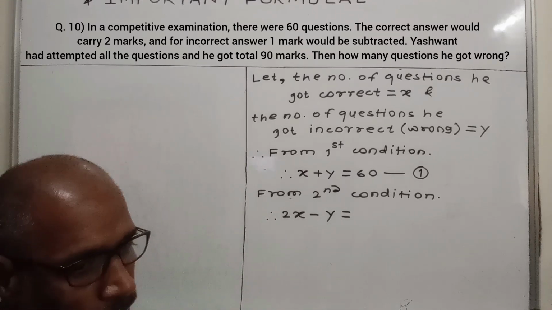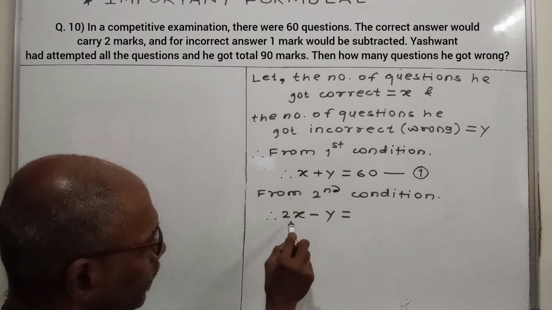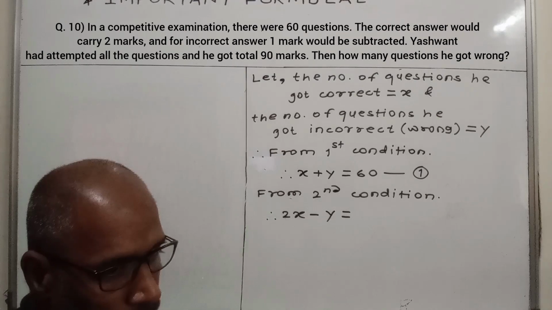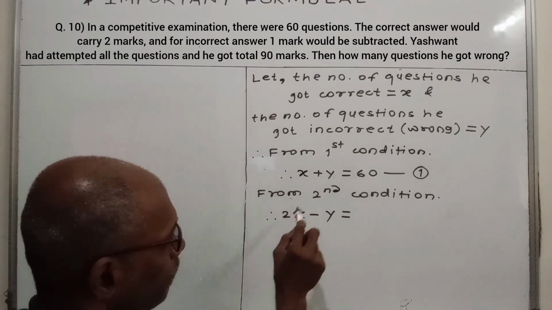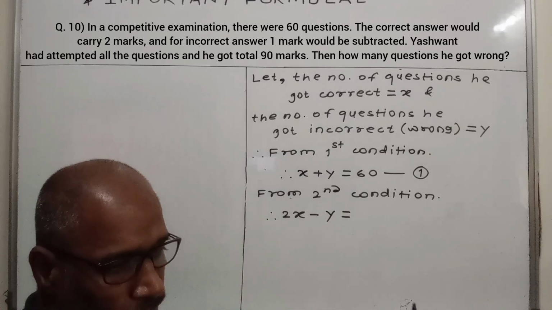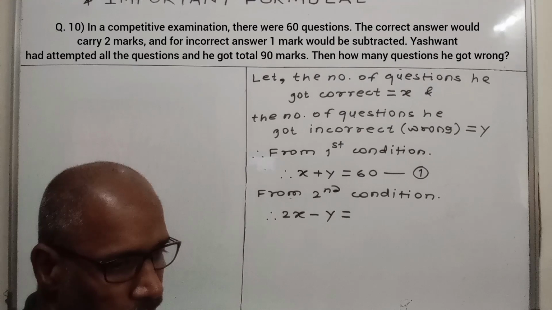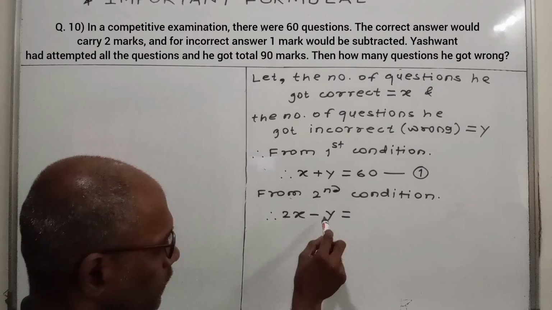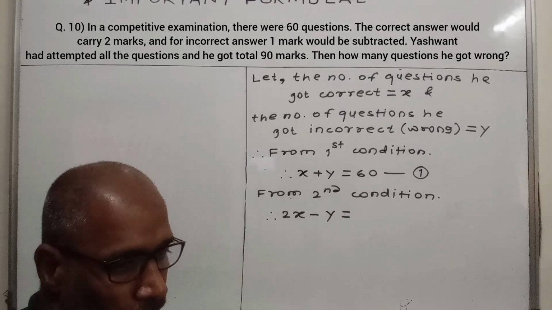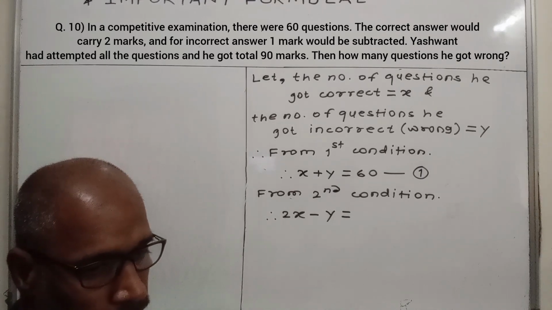Now see. He attempted all the questions. How many marks for correct? 2x, 2 into number of correct answers, 2x minus subtracted incorrect answers, 1 into y. Okay. Total marks he got 90.